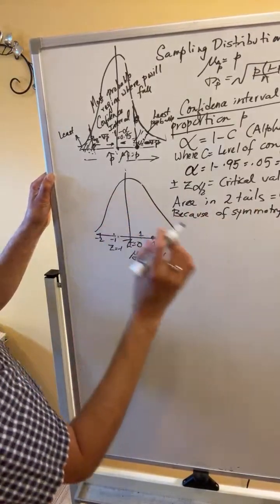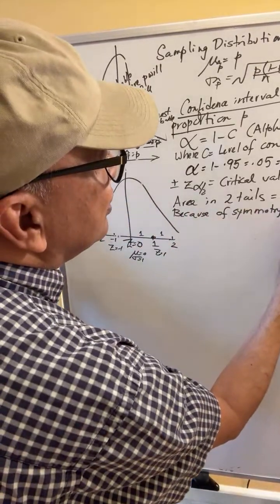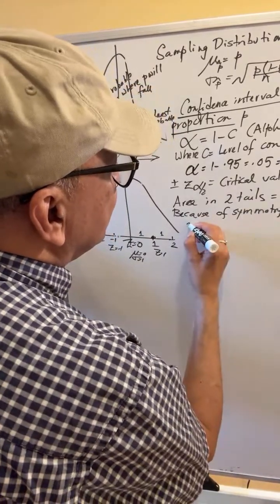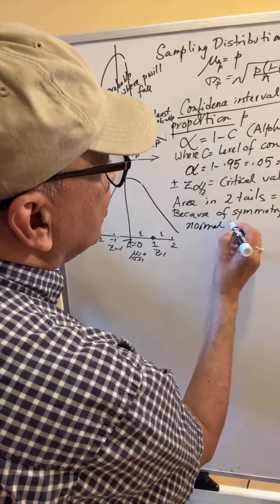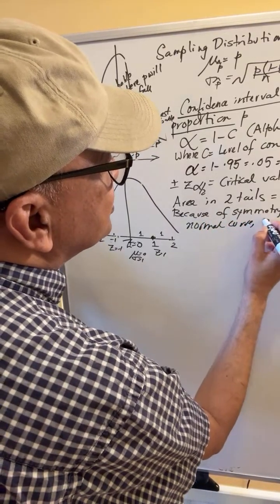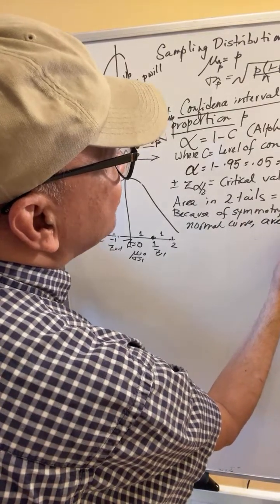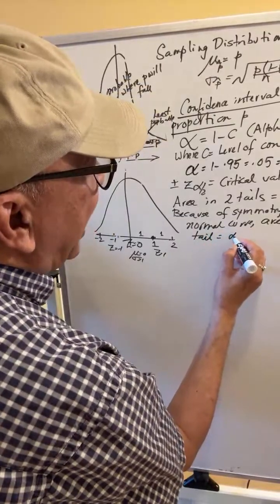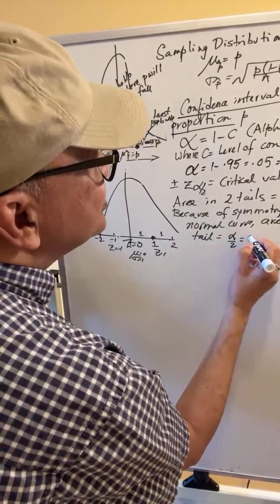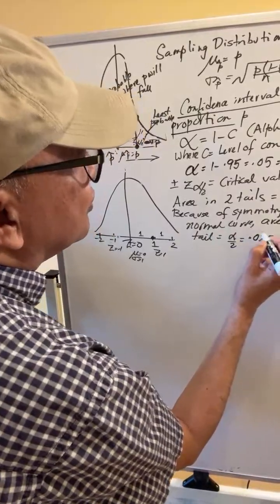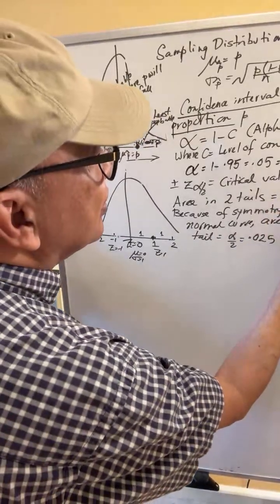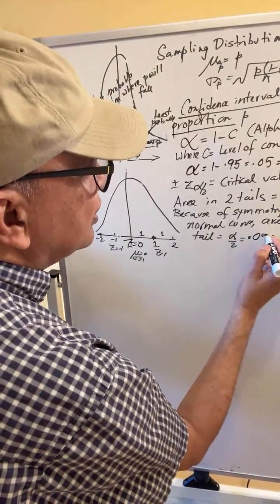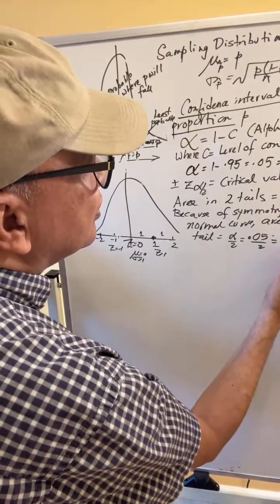Because of symmetry, the area in each tail is half of alpha, each tail is equal to alpha by 2, which is 0.025 in our case. 0.05 divided by 2 is 0.025.